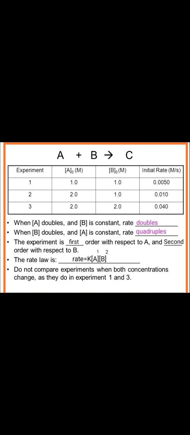Now compare the first and second set, in which the concentration of A is doubled and that of B is constant. Now see carefully: the concentration of A is doubled, the concentration of B is constant, and then the rate has doubled. Okay, now in the next setup, the second and third sets: the concentration of A is kept constant, that is 2.0.